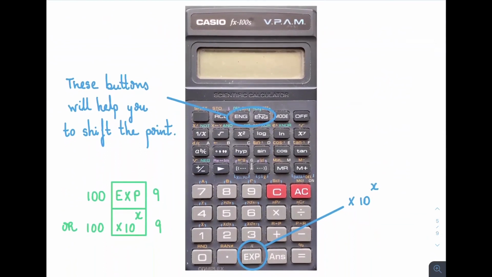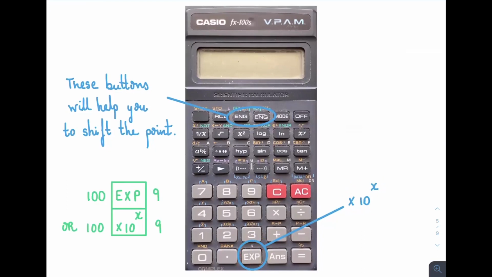Now, it is important to note that in your calculator, you should have a special button for this. Suppose you need to input 100 gigahertz, so 100 times 10 to the power of 9. You should find this button, EXP, or another one labeled times 10 to the power of x.